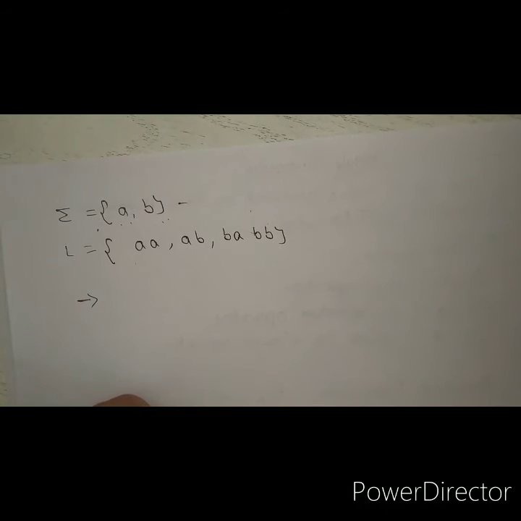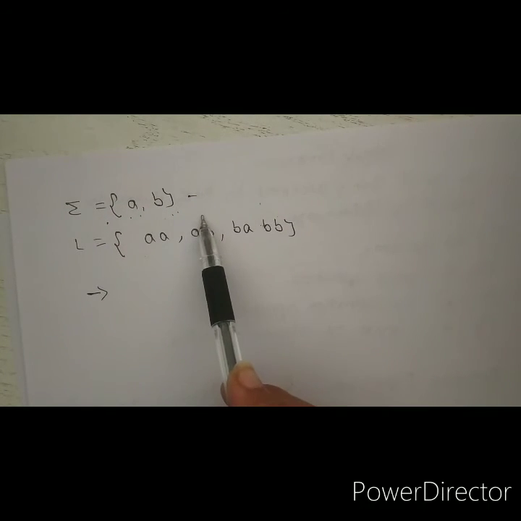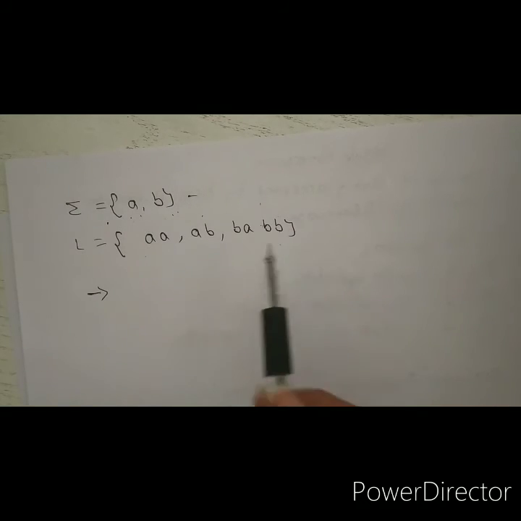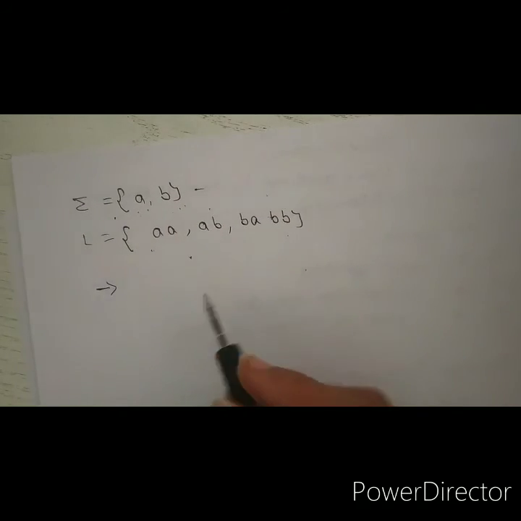What is the regular expression? There are multiple ways we can define it. Since the language is finite, a regular expression is also possible. The simplest way is to take every string and apply union.